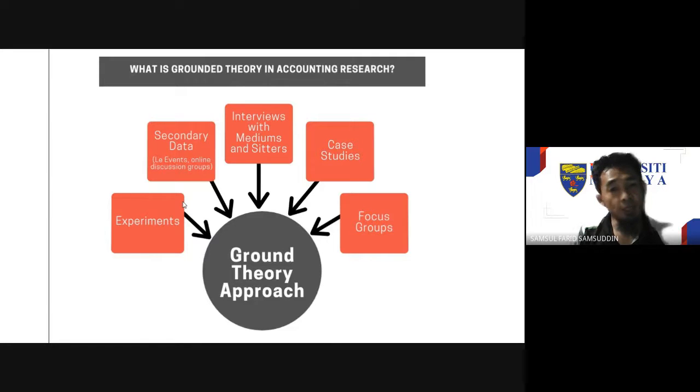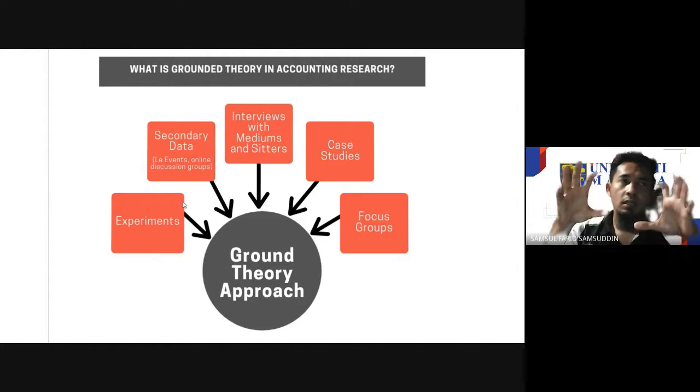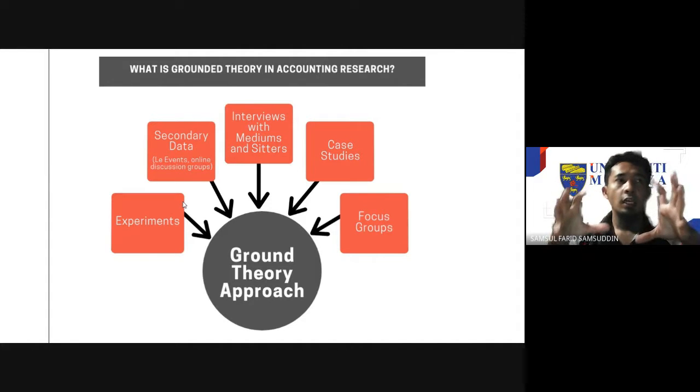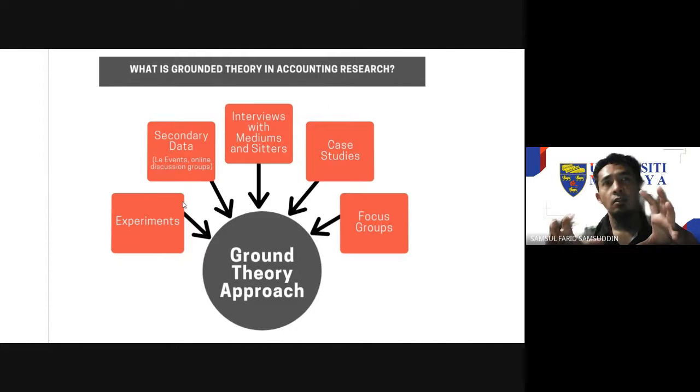You can do experiments. Secondary data means your literature review can build or develop a theoretical framework, and interviews with mediators and cheaters, the case studies, focus group.